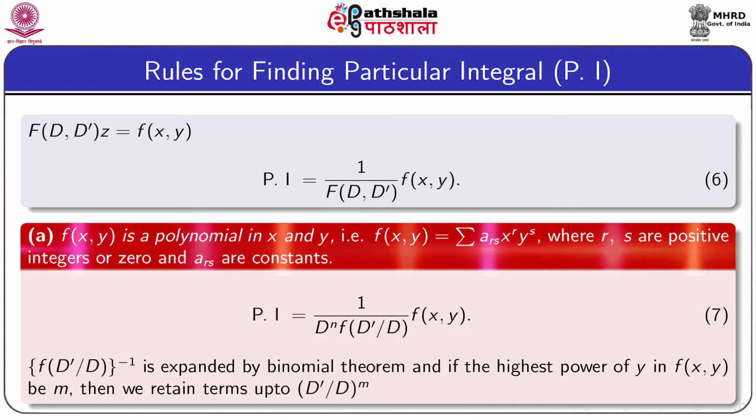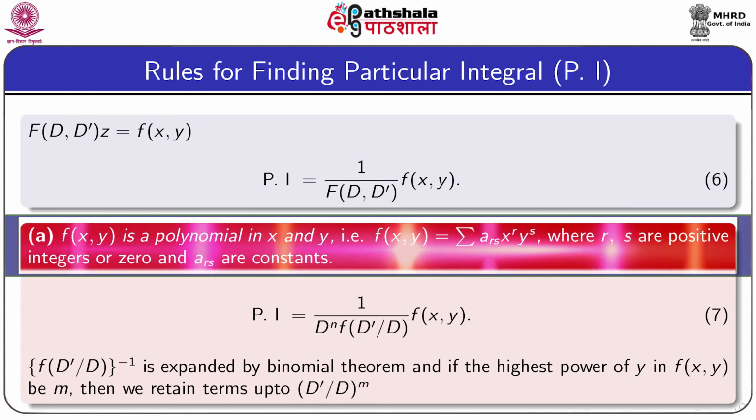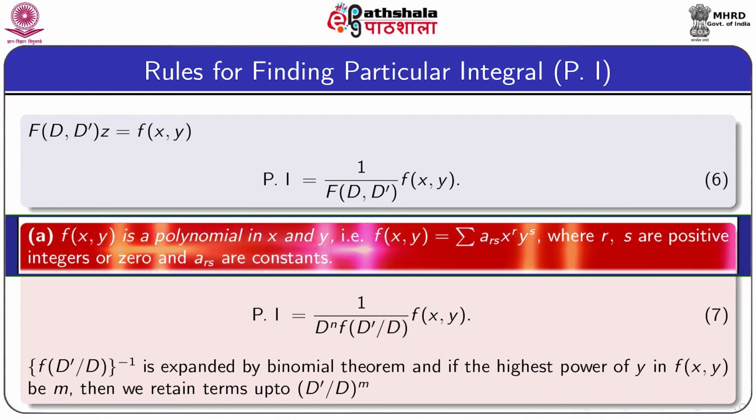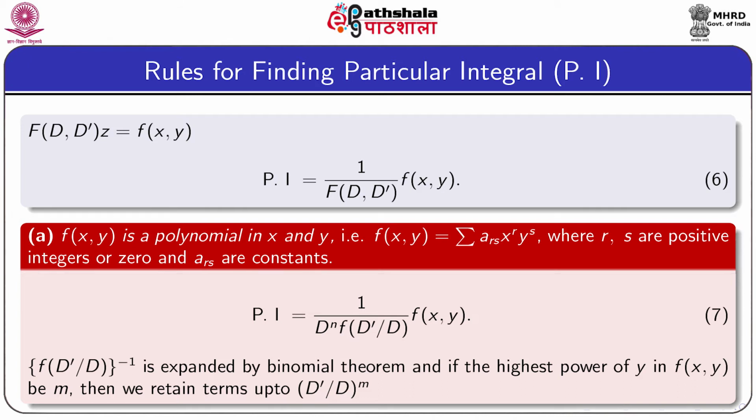First, we shall start by taking small f as a polynomial in x and y. So, f x y can be written as sum of a r s x to the power r y to the power s, where r and s are positive integers or 0 and a r s are constants.